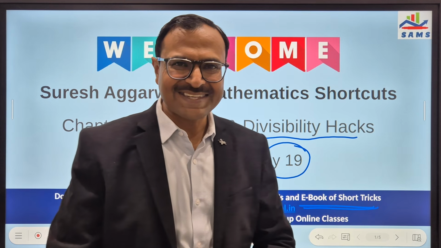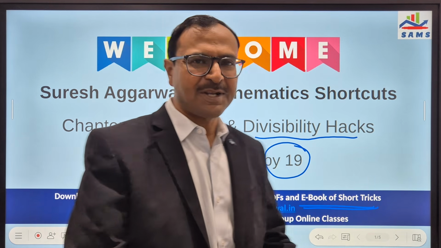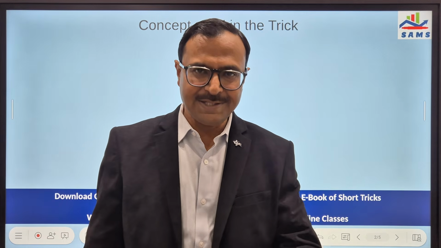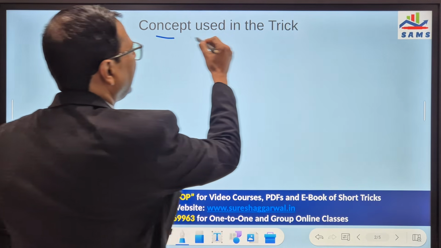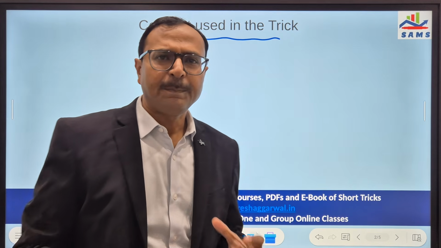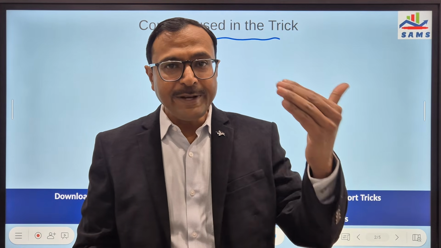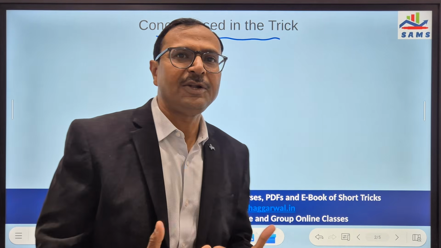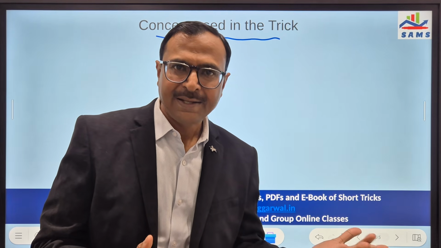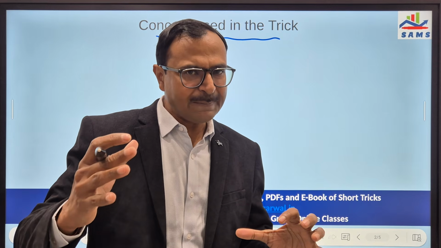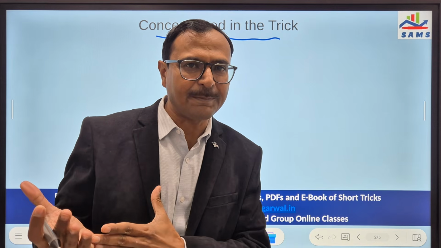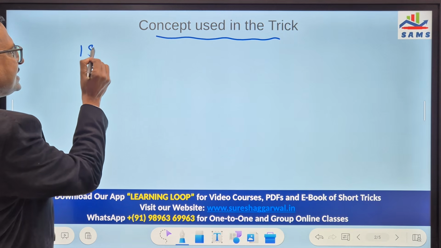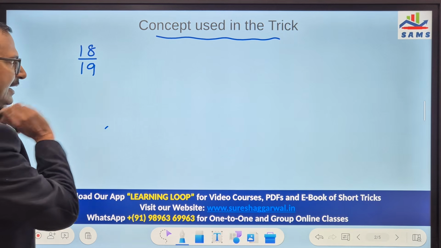So friends, let's get into the concept and the steps involved in performing this division by 19. Let me start with a proper fraction. That means the numerator is less than 19. If the numerator is more than 19, then you can reduce the improper fraction to a mixed number. Like, suppose the question is 18 upon 19, I can follow the process directly.